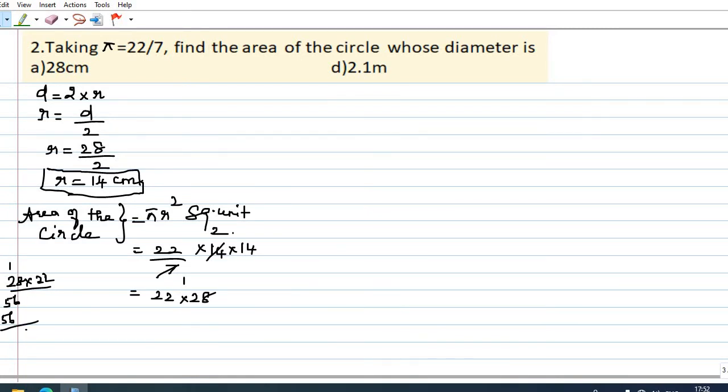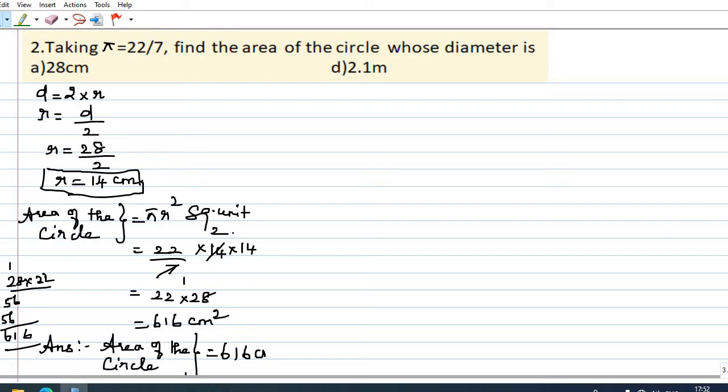So 6, 1, 6. So 616. What is the unit they have given? Centimeter square. Now write the answer. Area of the circle is equal to 616 centimeter square.